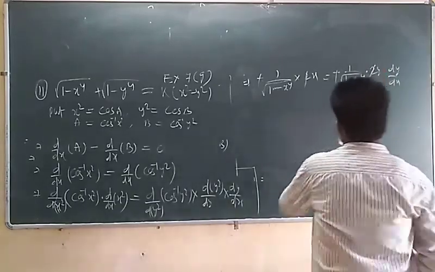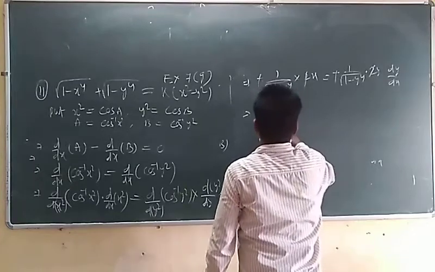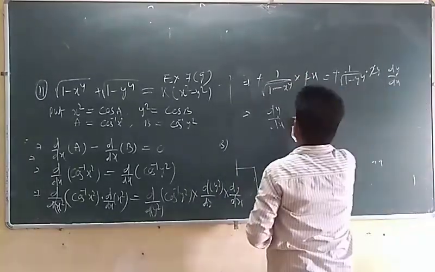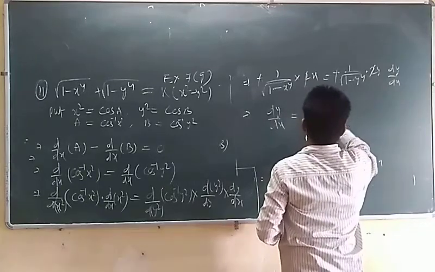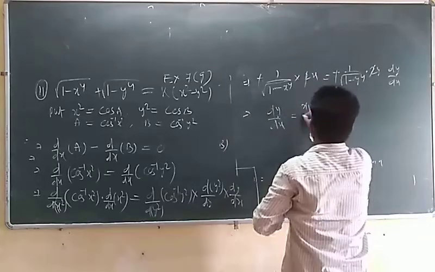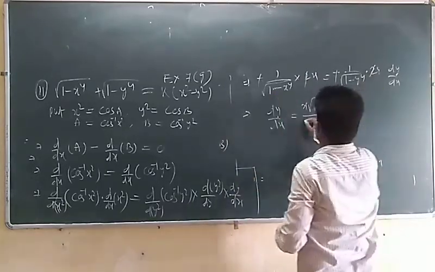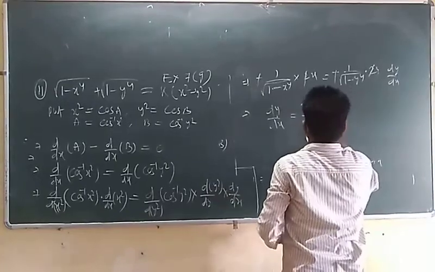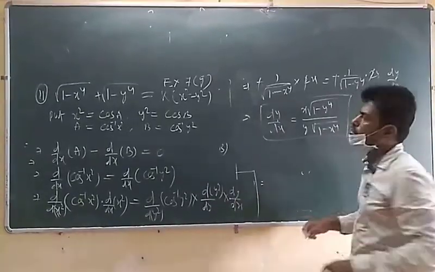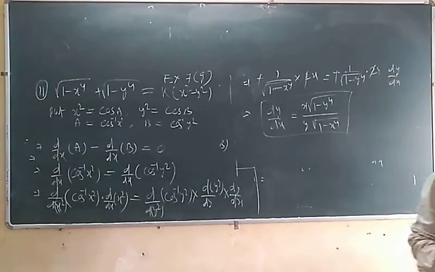So now dy by dx: going to the right side, 1 minus y fourth is multiplied, x is already multiplied on the left side, then 1 minus x fourth is divided, and y is divided on the right side. Root over 1 minus x fourth by 1 minus y fourth is what we were going to prove. That is proof number 11. Hence the exercise is totally completed.